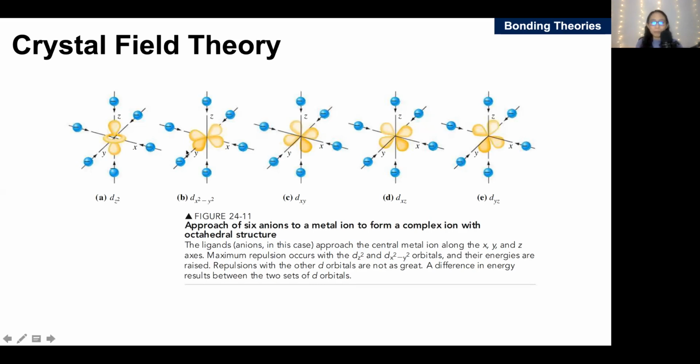So you have the d subshell, and there are 5 d orbitals in your d subshell. These are the shapes of the 5 d orbitals. So you have the so-called dz squared, wherein you have this dumbbell-shaped cloud of electrons lying along the z-axis, and this is surrounded by a donut-shaped cloud at its midpoint.